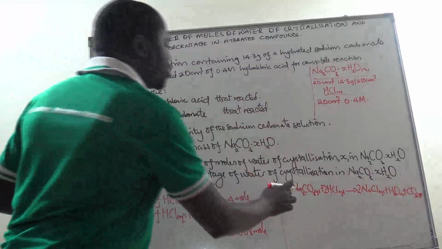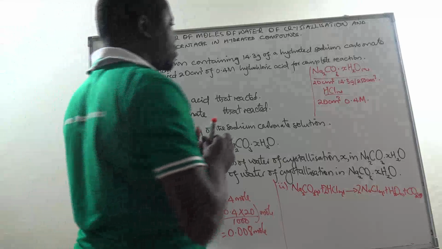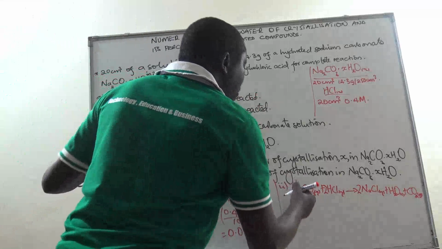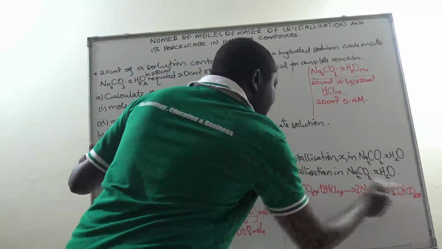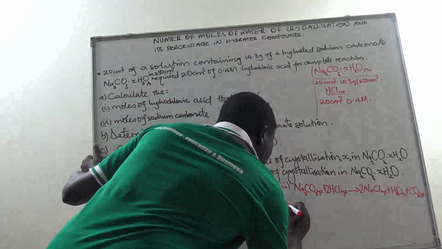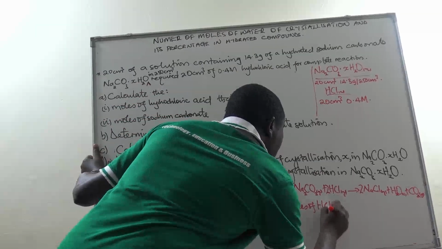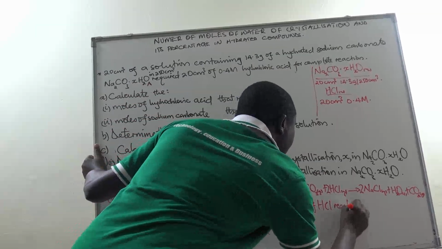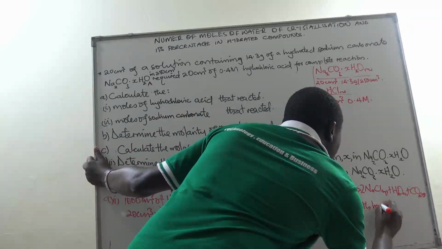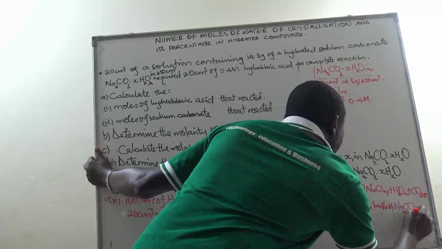We shall use the mole ratio here, or the stoichiometry of the reaction on the side of the reactants, to get the number of moles of sodium carbonate that reacted. So we are looking for the number of moles of sodium carbonate. We start with hydrochloric acid and what we are seeing from the equation. We say 2 moles of hydrochloric acid reacts with 1 mole of sodium carbonate.